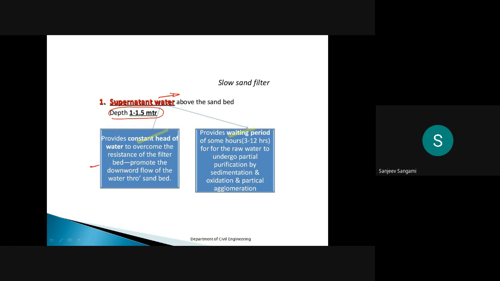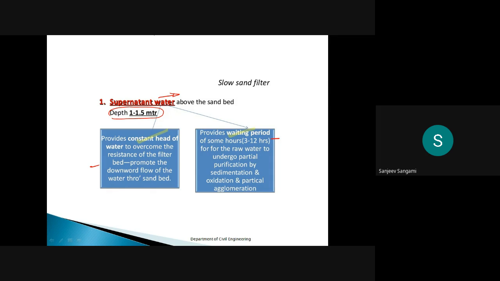It also provides a waiting period of 3 to 12 hours for the raw water to undergo partial purification by sedimentation, oxidation and particle agglomeration.